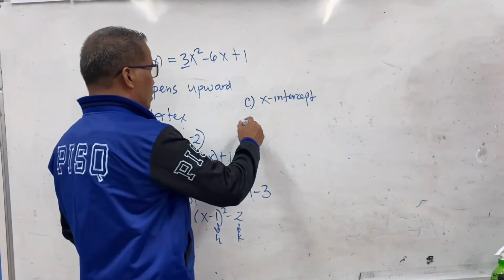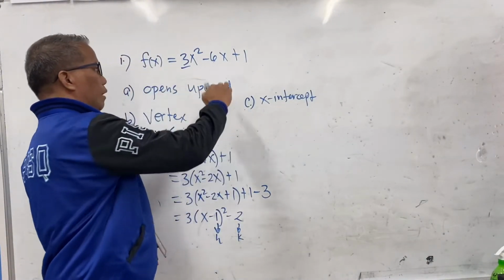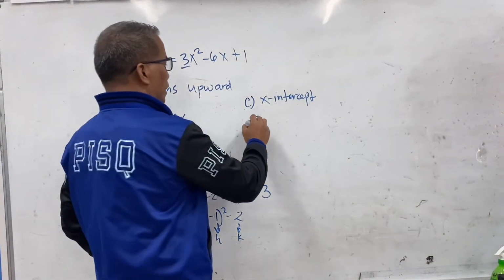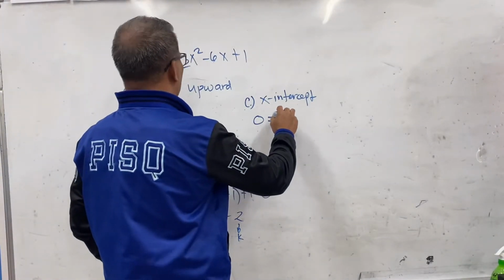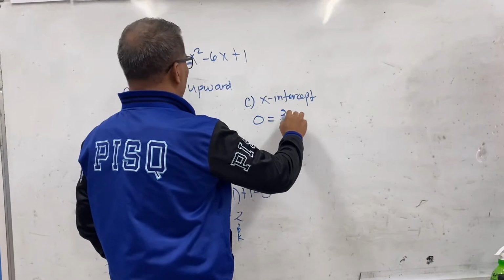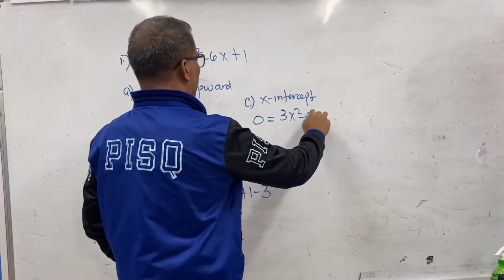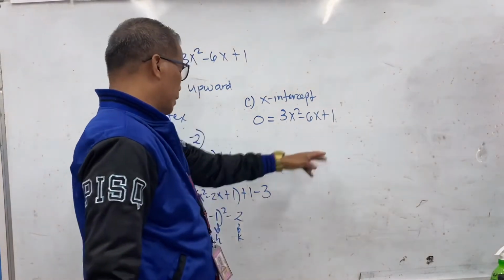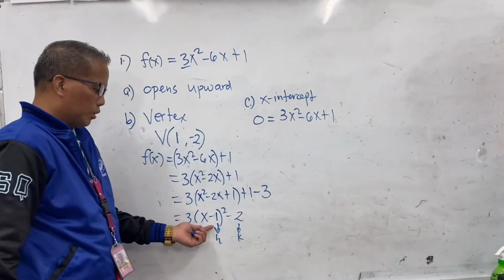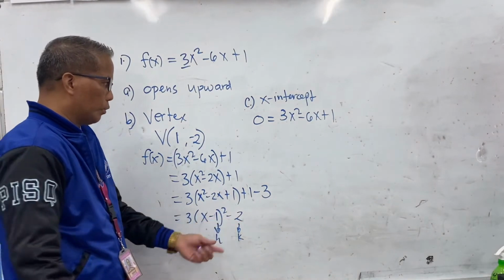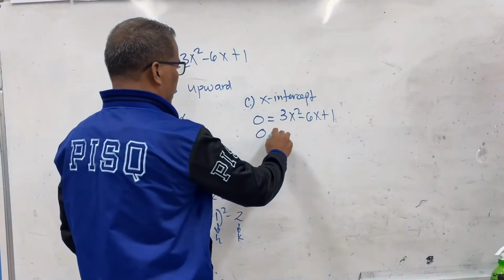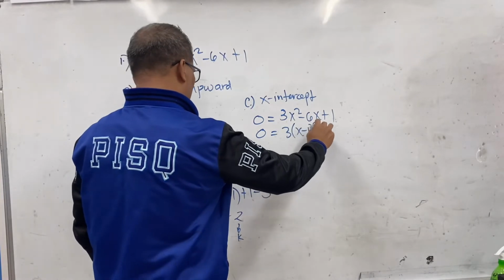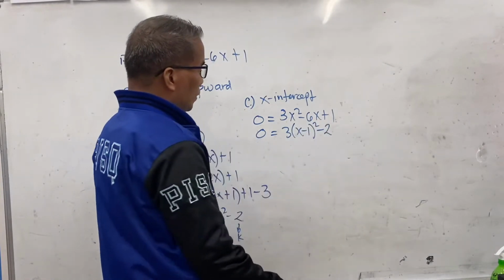To find the x-intercept, replace y equals 0. We don't have y here, so we will use f of x equals 0. So we have 0 equals 3x squared minus 6x plus 1, which is the same as 3 times x minus 1 squared minus 2. So 0 equals 3 times x minus 1 squared minus 2.